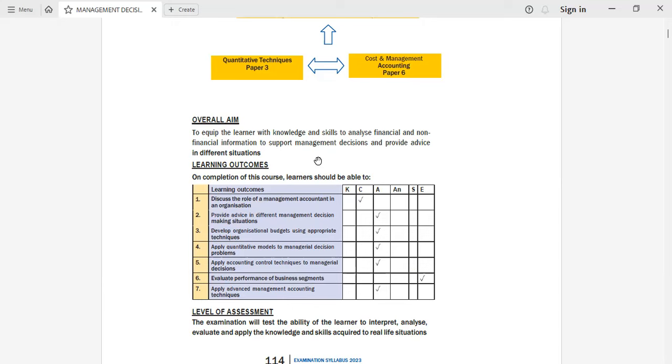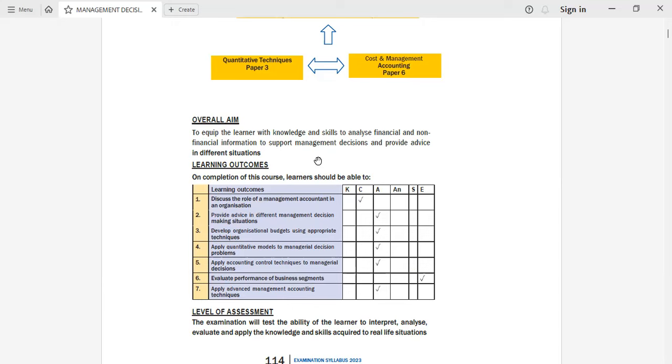In QT we're used to making computations and, so long as we get the answers right, we leave it there. What we do in management decision and control, after computing and getting those answers correctly, is we have to advise, comment or evaluate based on what we've got as a result.